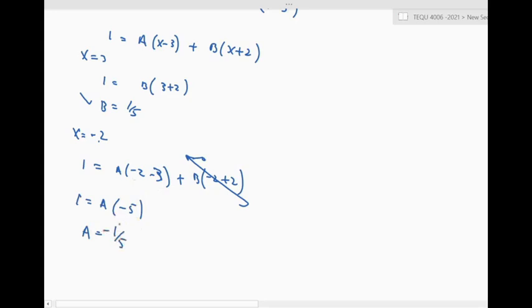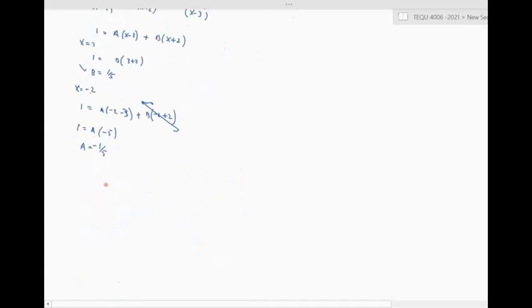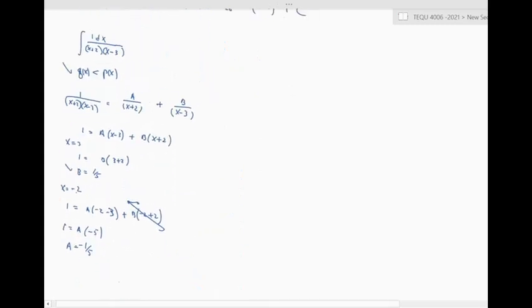All right, so the solution, the constants for A and B in this case, is negative 1 over 5(x plus 2) plus 1 over 5(x minus 3).